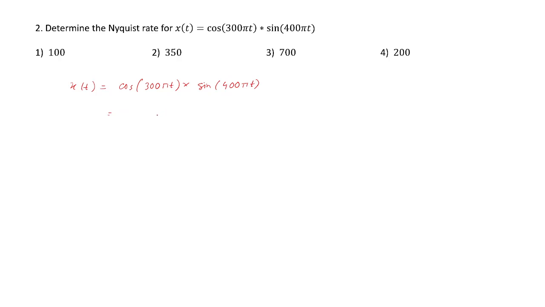We are going to use a trigonometric formula: sin A cos B is equal to half of sin(A plus B) plus sin(A minus B). Am I correct with that?